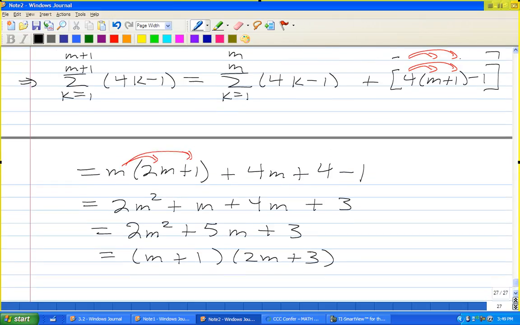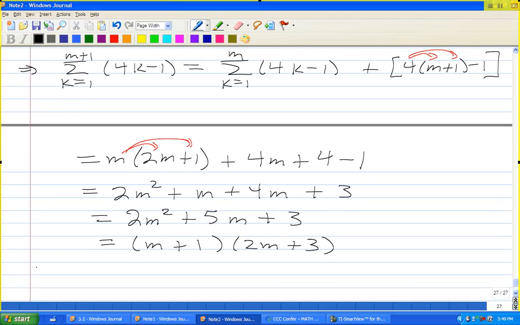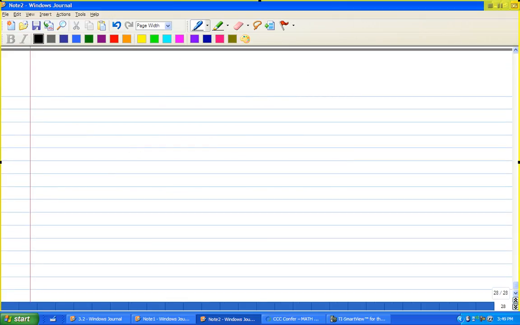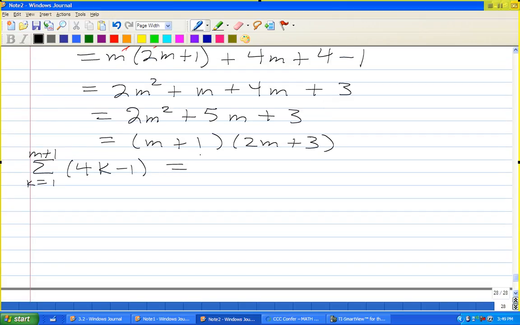So this was the sum k equal 1 to m plus 1 of 4k minus 1, which is equal to m plus 1 times 2m plus 2 plus 1.